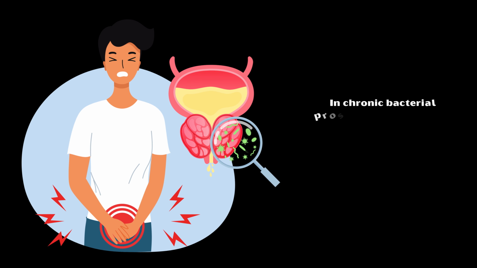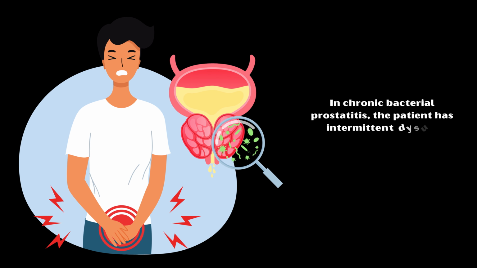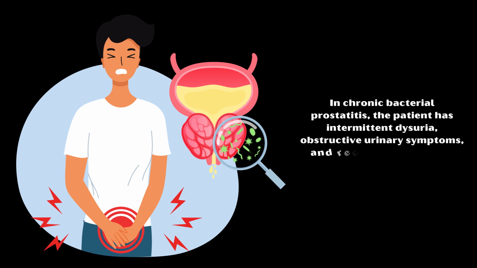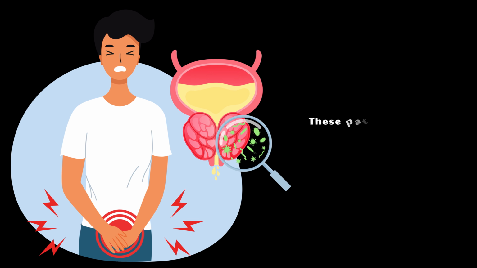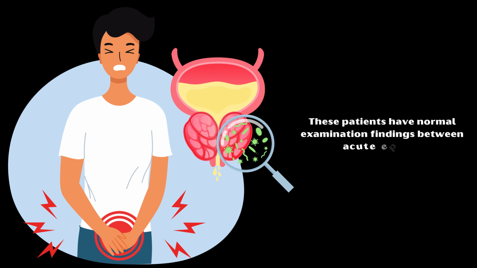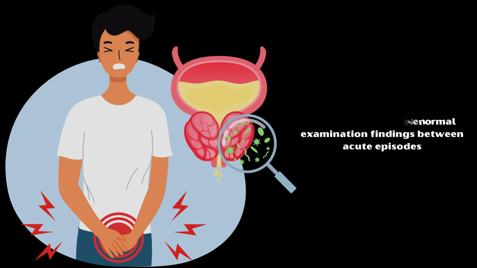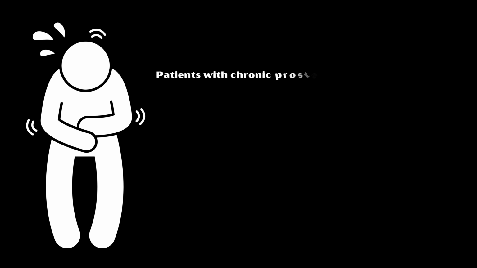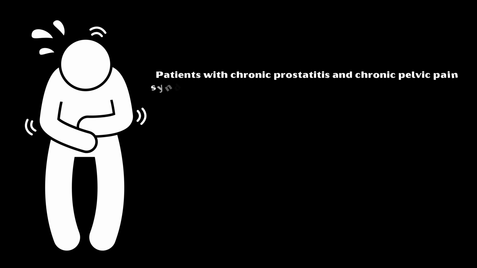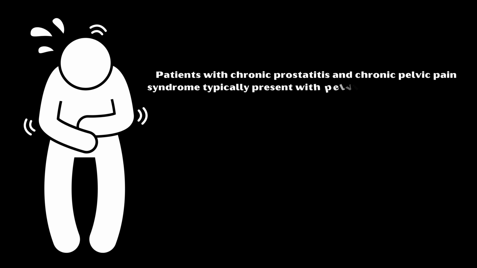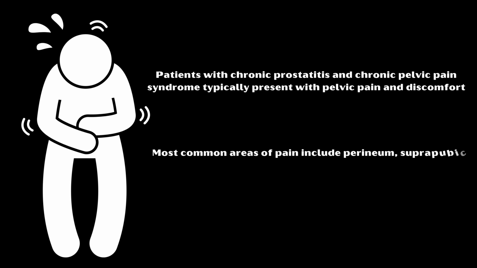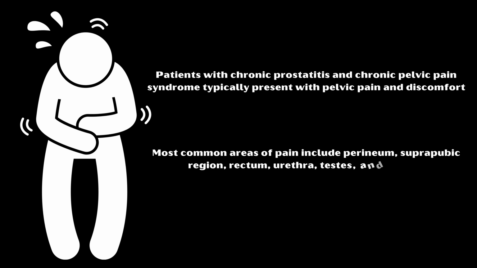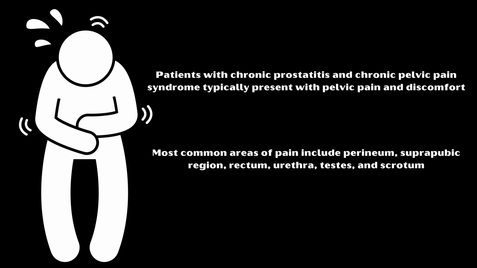In chronic bacterial prostatitis, the patient has intermittent dysuria, obstructive urinary symptoms, and recurrent urinary tract infections. These patients have normal examination findings between acute episodes. Patients with chronic prostatitis and chronic pelvic pain syndrome typically present with pelvic pain and discomfort. Most common areas of pain include perineum, suprapubic region, rectum, urethra, testis, and scrotum.